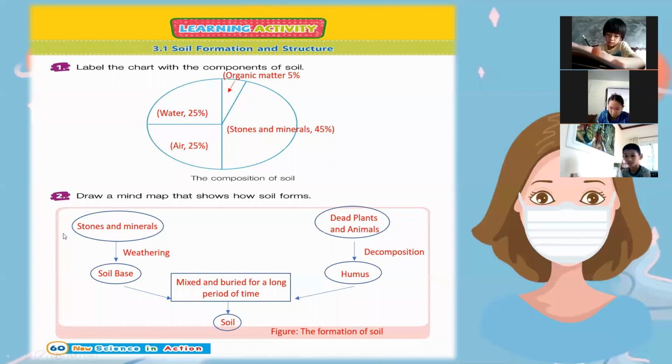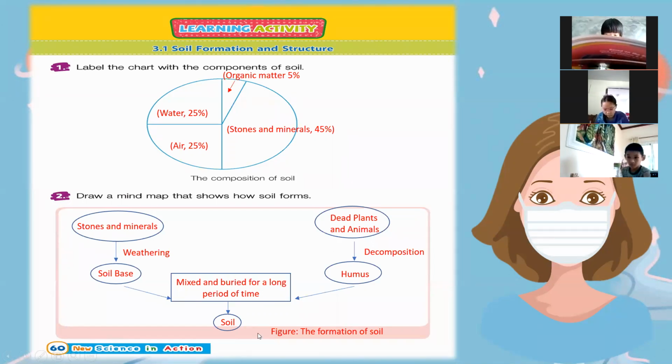I'm not finished. There are two forms of the soil. You can see here stones and minerals, soil base, weathering is the cause of that, and mixed and buried for a long period of time.